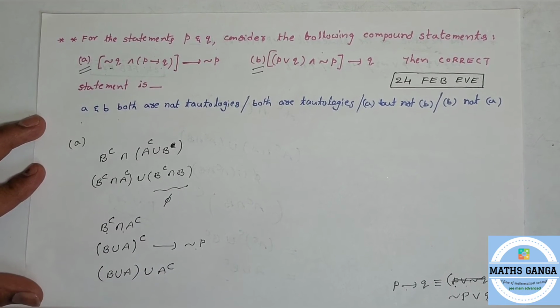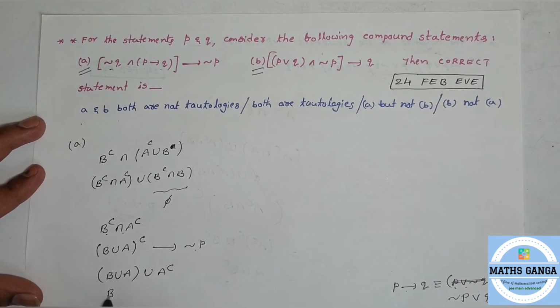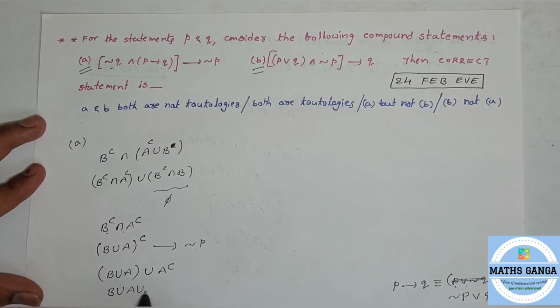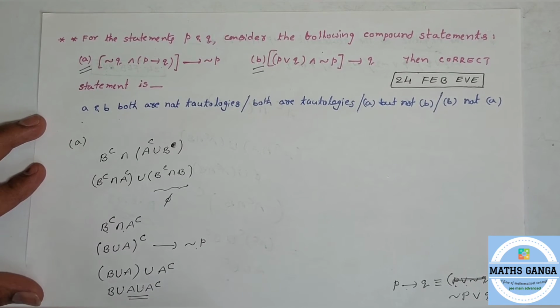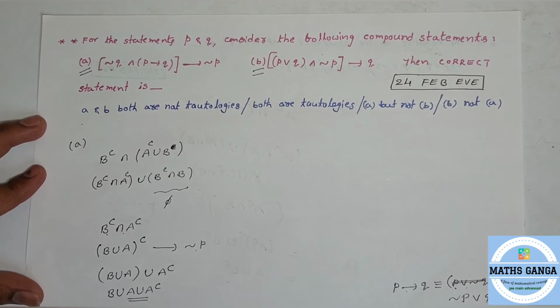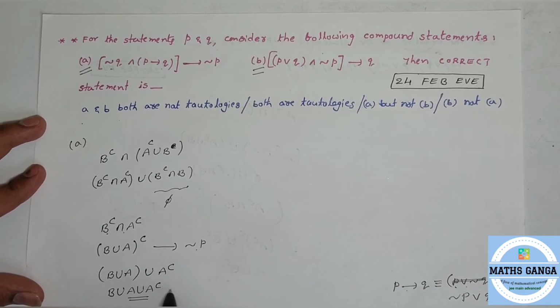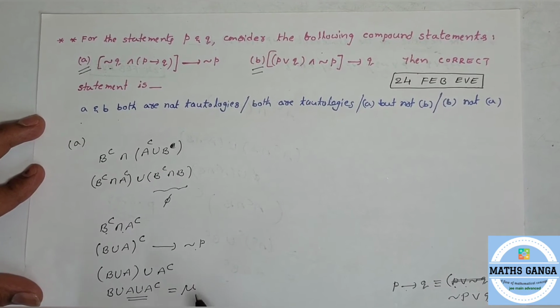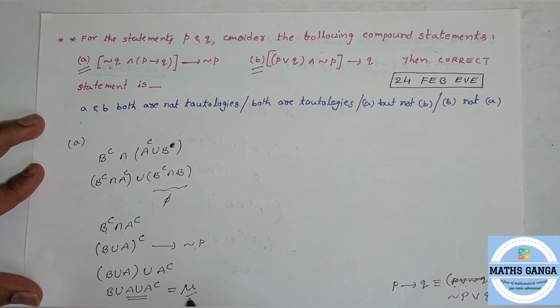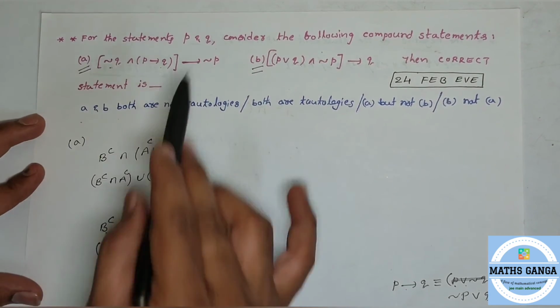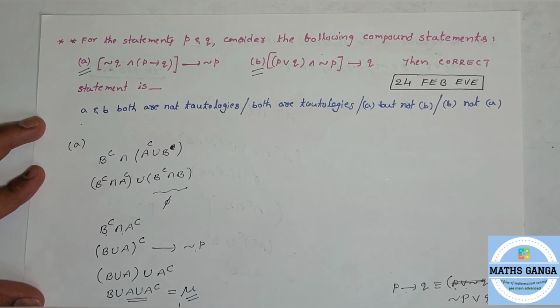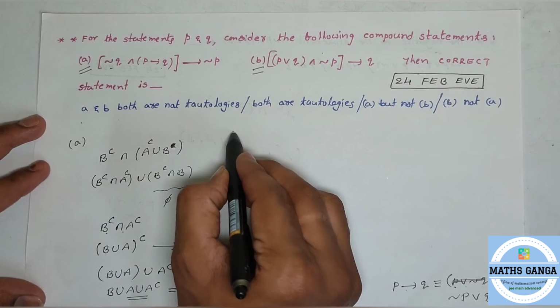This is what we need to simplify, and this is simply nothing but B union of A union A complement. A union A complement is the universal set mu, and mu union any set again gives us mu, and this equals mu. As I said, mu from the sets is equivalent with the tautology of the statements. So clearly this statement A is a tautology, right? So just think about the problem.